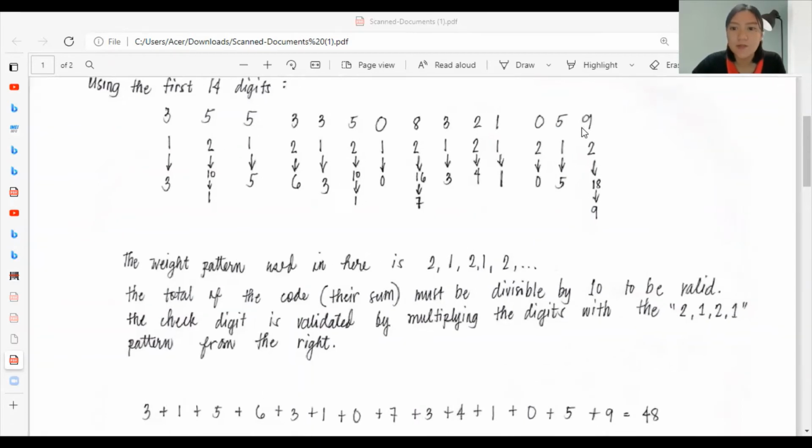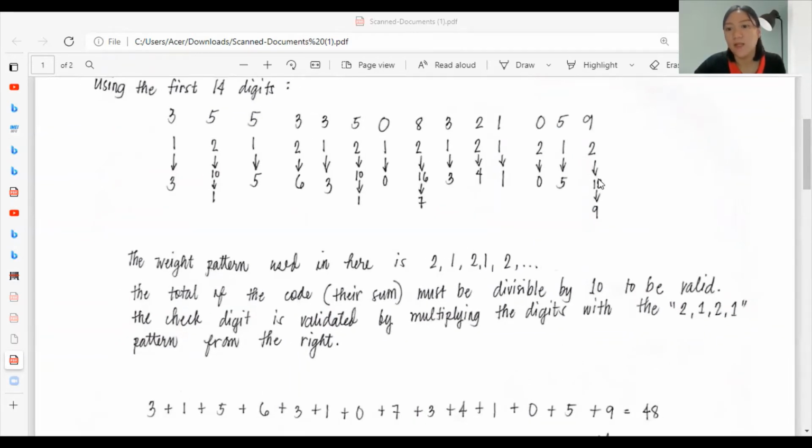First, we multiply 9 by 2, that would be 18. Since that's a 2-digit number, we add 1 plus 8 so that we have our answer, which is 9. That only applies to 2-digit products.